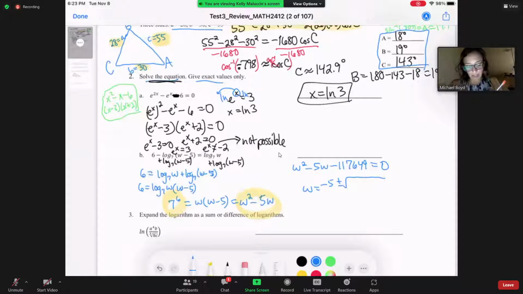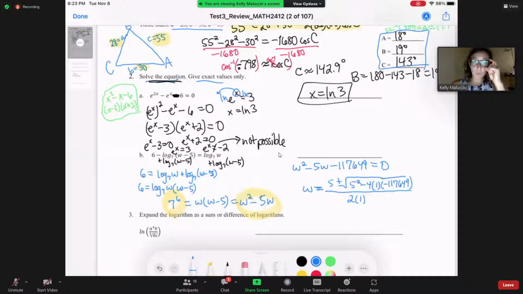Okay, so then this means I just have +5 here, because -b plus or minus the square root of b squared minus 4 times 1 times -7 to the 6th, all divided by 2 times 1.